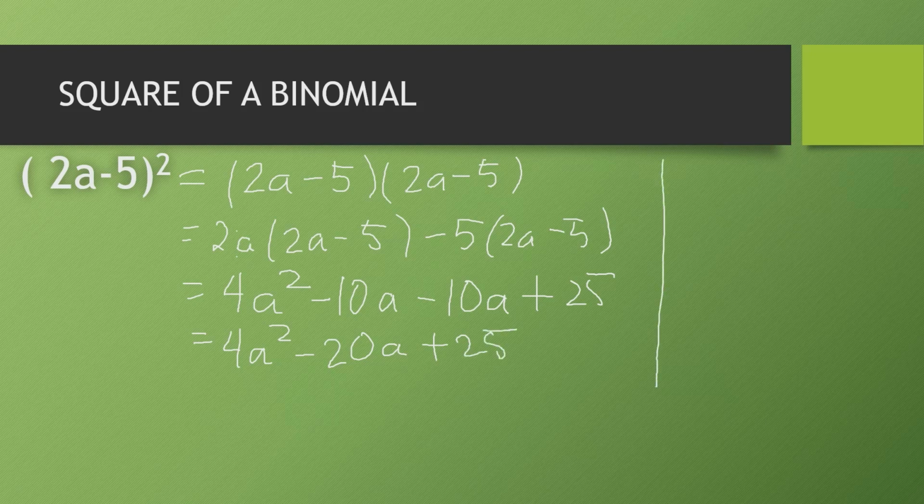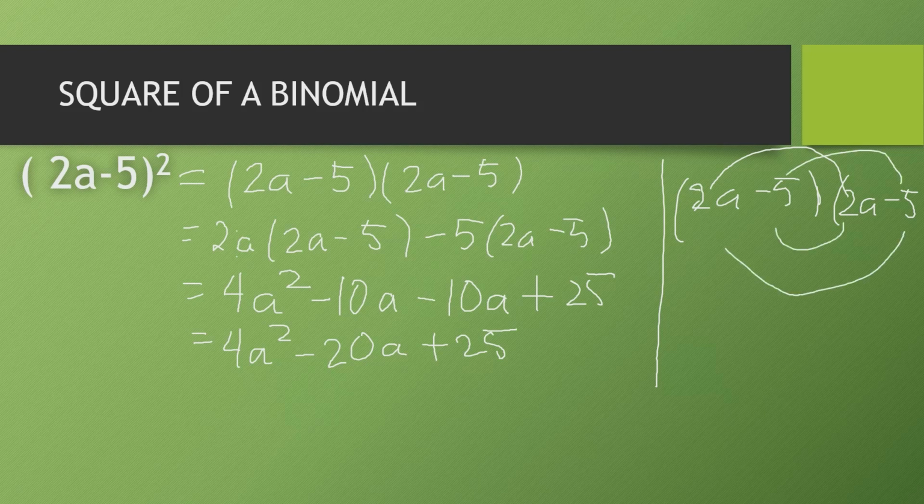Again, for the FOIL method, we have 2a minus 5 multiplied by 2a minus 5. Let us make a smile. First, 2a times 2a is 4a squared. Then negative 5 times negative 5, for the last term, is positive 25.